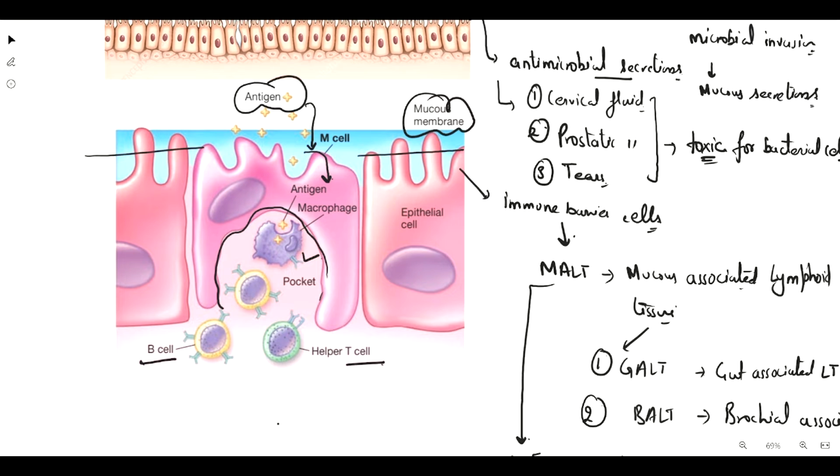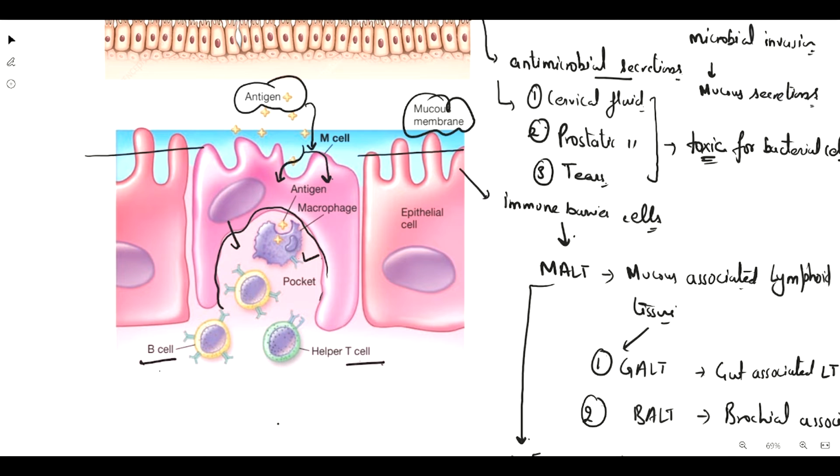These M cells endocytose the antigen. They allow the antigen to enter the M cell and then deliver it into the pockets where B cells, T cells and macrophages are present.